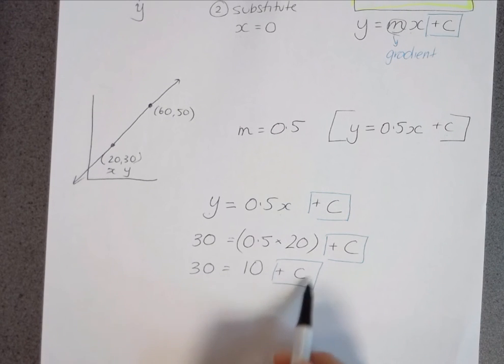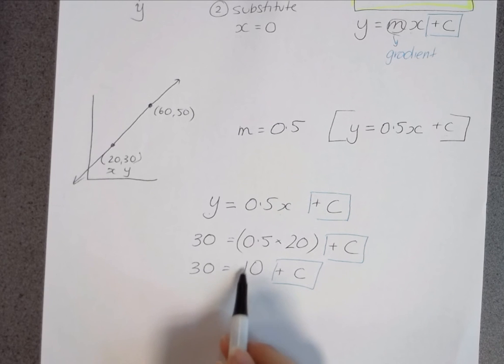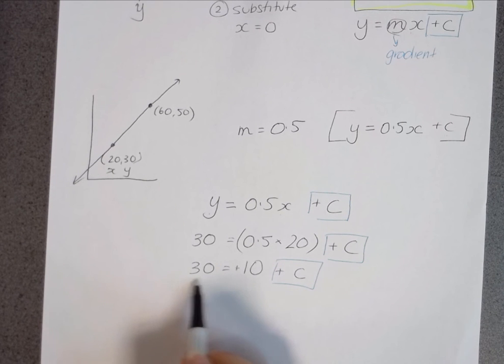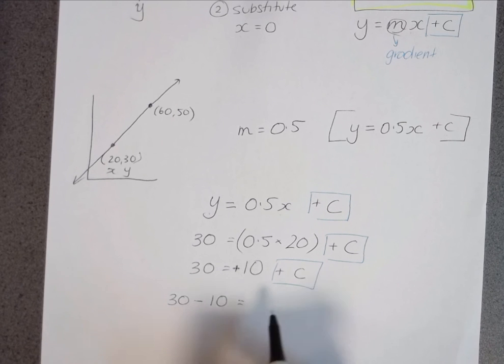Now we've got to keep c on its own and remove this. If this 10 is a positive number on this side and we want to move it to the other side, we have to change the operation it's working with. So this time, instead of being plus, it's going to be a subtraction. 30 take 10 is the same as our plus c. 30 take 10 we know is 20, so c is equal to 20.